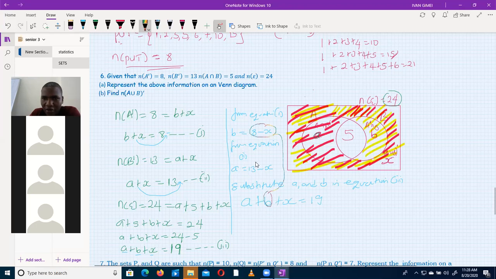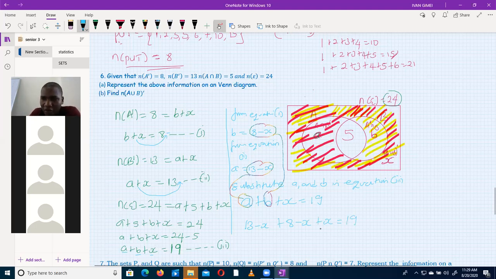Then we also carry the whole of this and put it where there is A here. So our equation will be 13 minus x, the whole of this standing for A, then plus the whole of B, which is 8 minus x, then plus x equals 19.